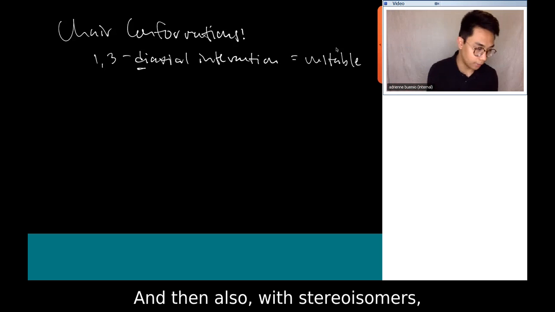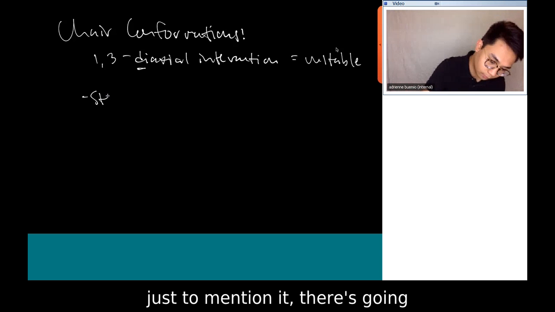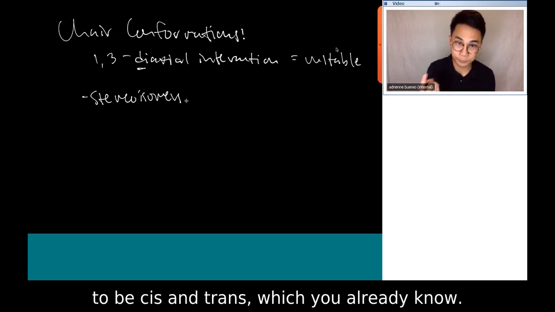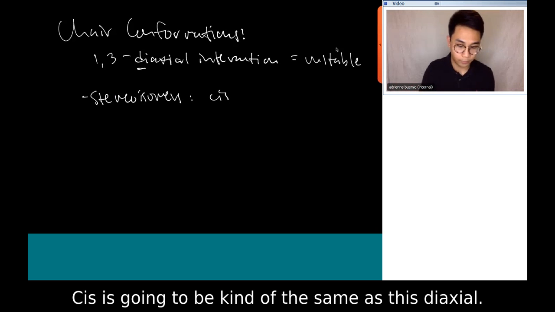Which makes sense. And then also with stereoisomers, just to mention it, there's gonna be cis and trans, which we already know. Cis is kind of the same as this diaxial.